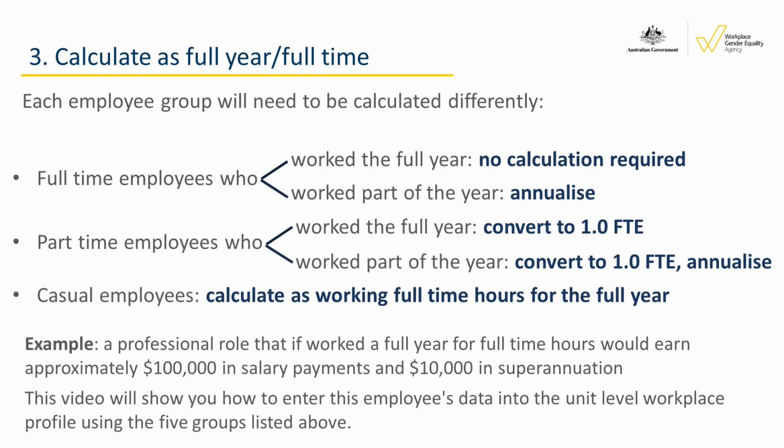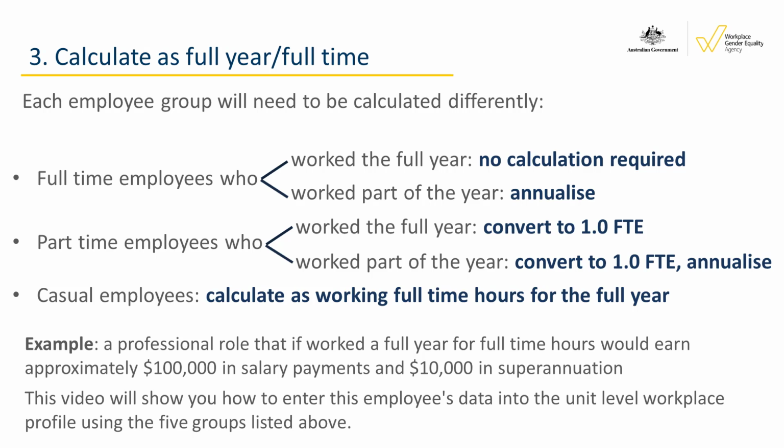Group 3 are part-time employees who work for the full year. You need to calculate the full-time equivalent amount for this group, just as if they had worked full-time hours. Group 4 are part-time employees who did not work the full year. In this case, you will need to annualize and calculate their full-time equivalent earnings.